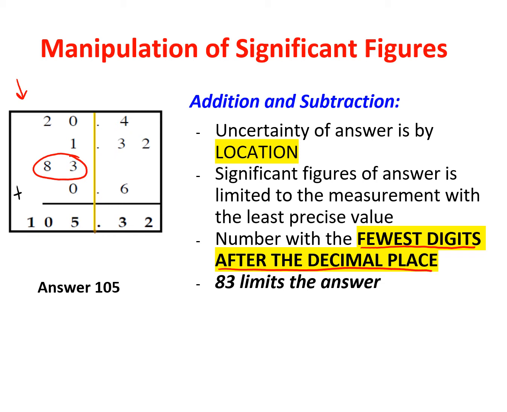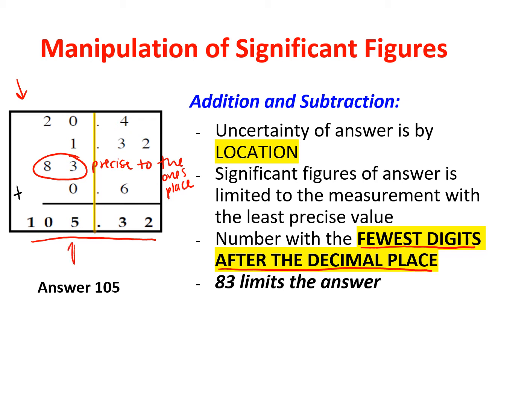So since it is the least precise, our answer has to match that precision, and 83 is precise to the ones place. And so when we round our answer, we need to round it to the ones place. So we see that our unrounded answer is 105.32.